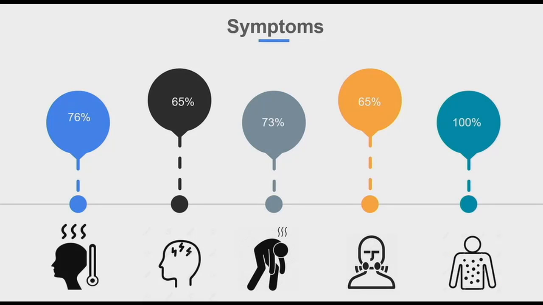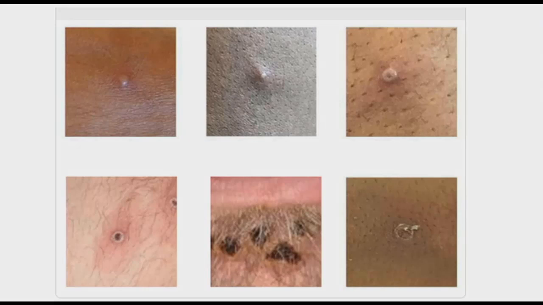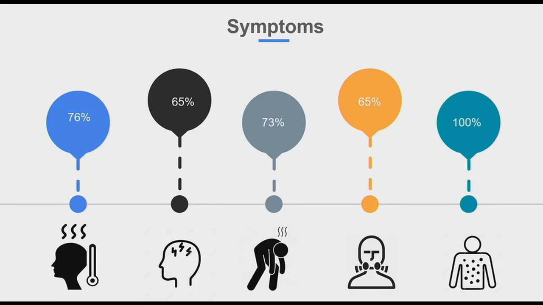So this is a more precise statistic on different symptoms. About 76% will have fever. So not all people have fevers, but all people will have the rash and headache and swollen lymph nodes.